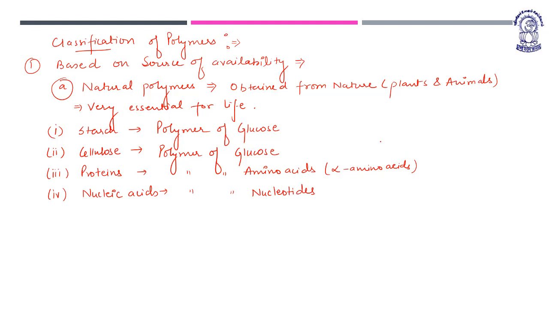It includes DNA and RNA. All these polymers which are found in the biological system are known as what? Biopolymers.